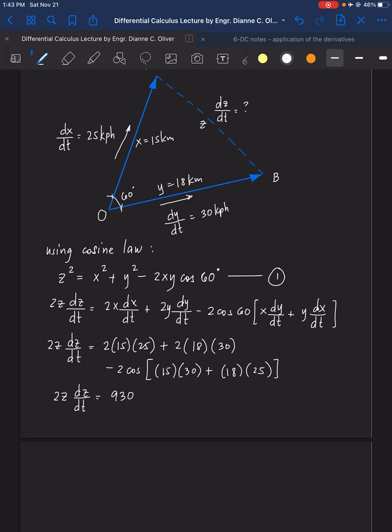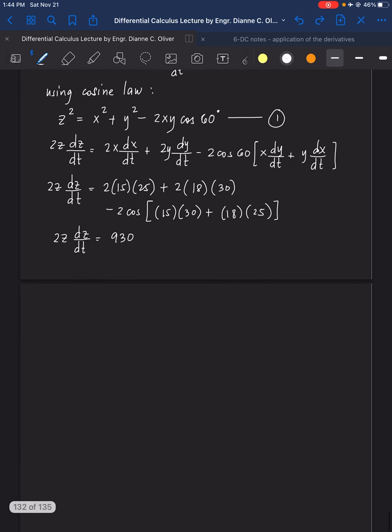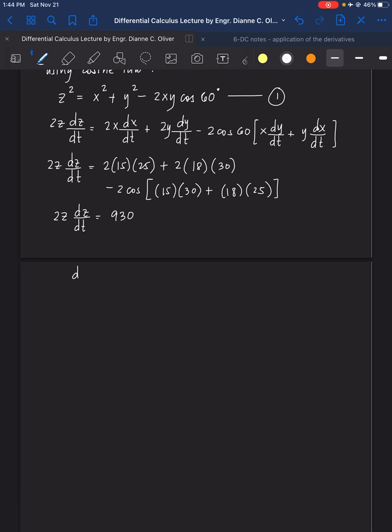We can use it to find z, since the values of x and y are given. So let's simplify this first. dz over dt is equal to 930 over 2z. This is now equation number 2.